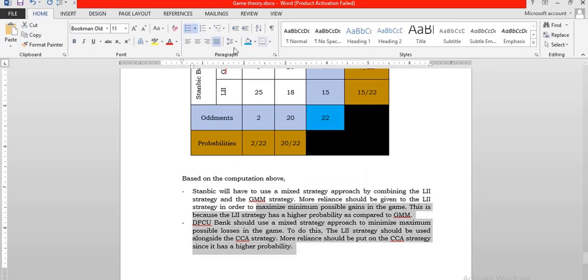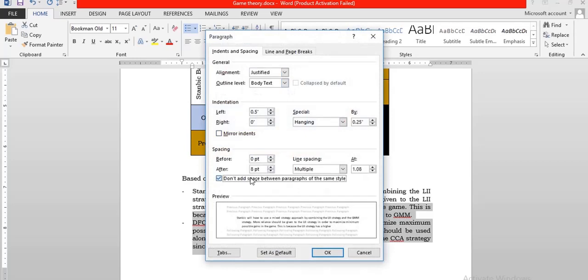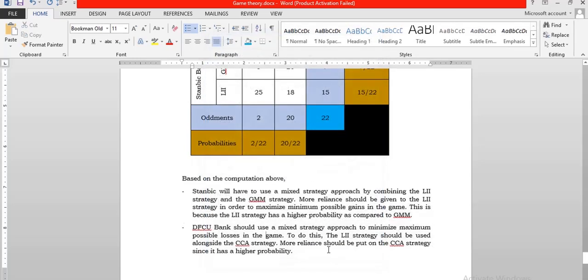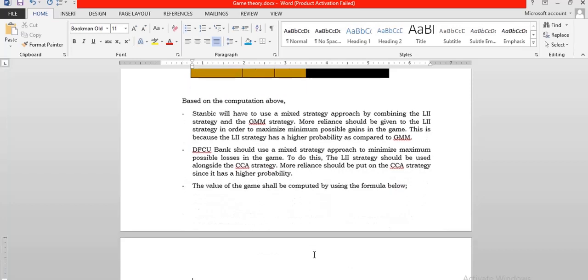Now the last thing you're supposed to do is to compute the value of the game. We shall say therefore the value of the game shall be computed by using the formula below.